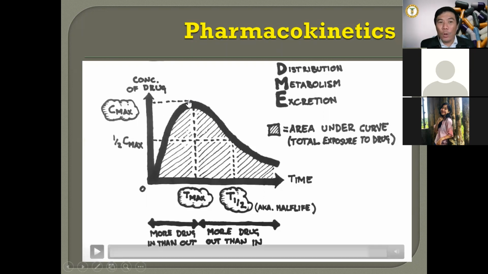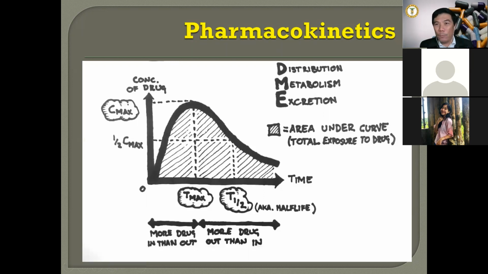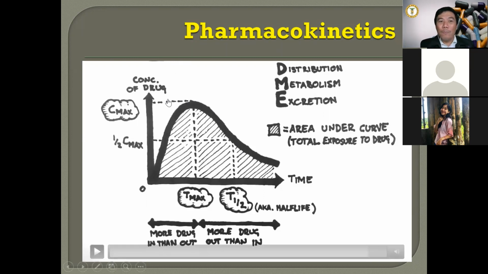Now, if it's 4 o'clock, what is the half between 12 noon up to 4 o'clock? 2 o'clock. Okay, very good. The 2 o'clock is the time wherein we consider the half-life of the drug. So that's why it has an implication if the drug is not given on time, because it will really affect the half-life and the peak concentration level of the drug.